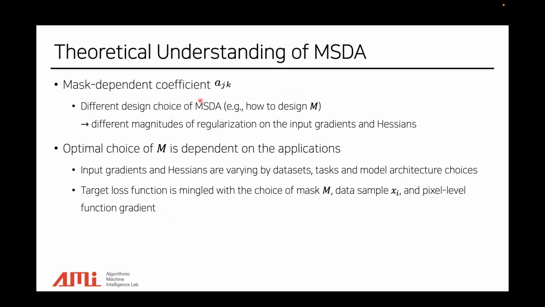Because the coefficient is dependent on the mask, if we have different design choices of MSDA or the mask, then we can get different magnitudes of the regularization on the input gradients and Hessian.